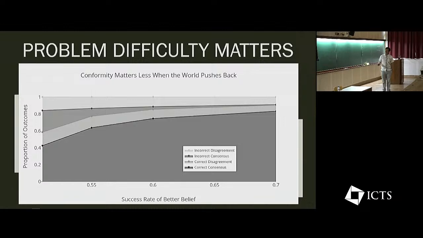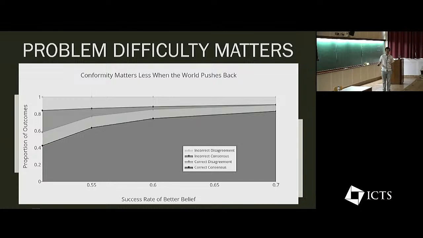This is for a fixed conformity parameter. You end up having less consensus, less correct consensus. Correct disagreement ends up being more or less constant, but then incorrect consensus is more common.